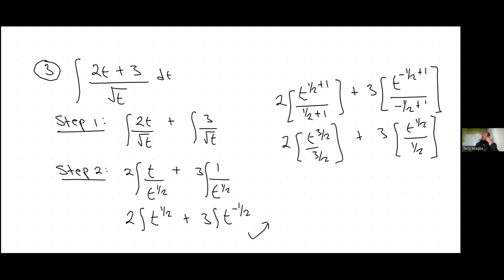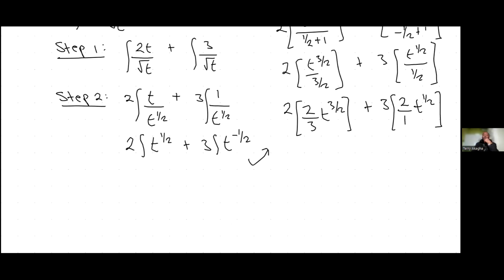So it's going to be 2 into bracket 2 over 3 t 3 over 2. Okay, plus. So to remove this fraction, we flip it as well. 3 into bracket 2 divided by 1. Then t 1 over what? 2.